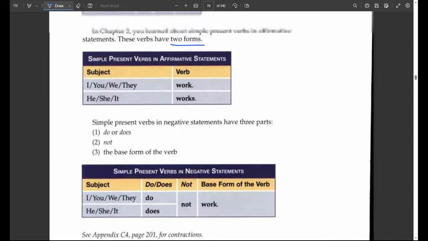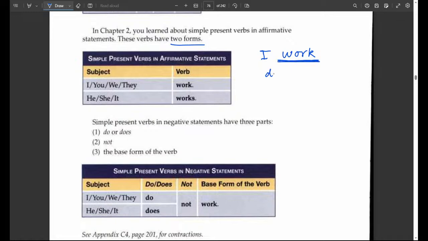But in the simple present tense, when we use verbs like I work, to make it negative, there's no to be verb. When there's no to be verb, to make this verb negative, I have to use these do and does.